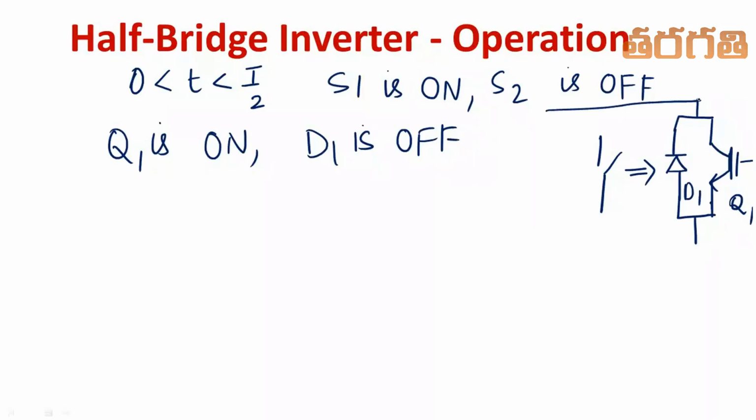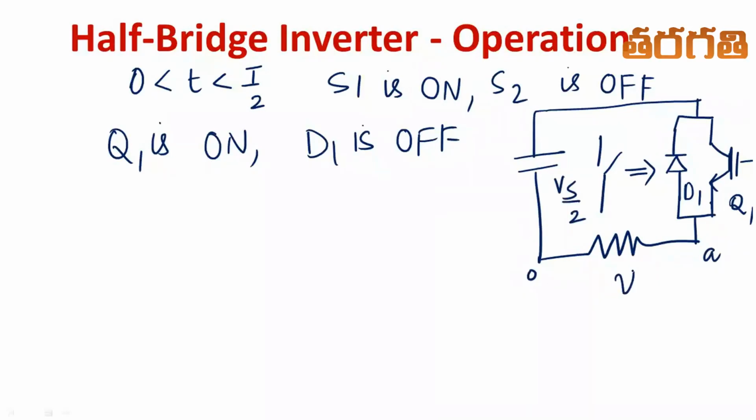This is connected to a capacitor across it, which is charged to a voltage Vs by 2. This is O and this is A, the voltage V0. The upper terminal of the capacitor is charged to positive polarity and the lower terminal to negative polarity. As a result, the diode D1 will get reverse biased.